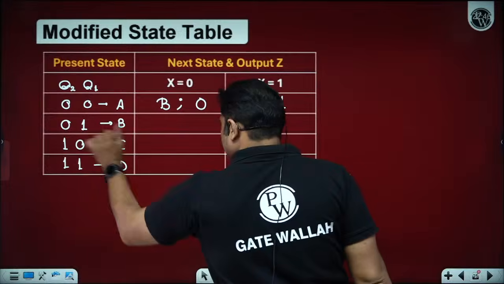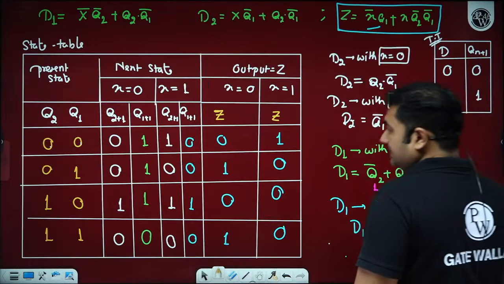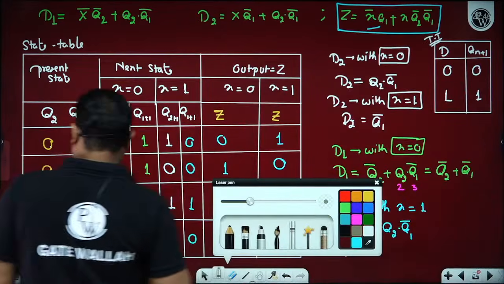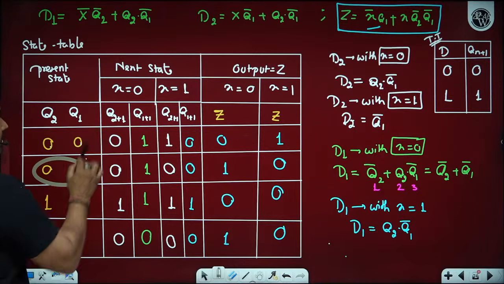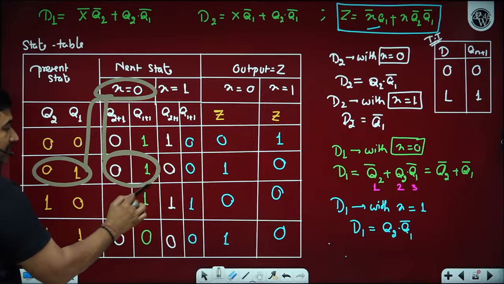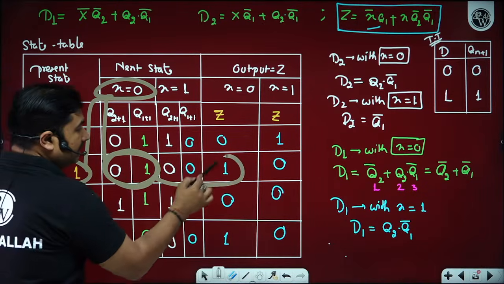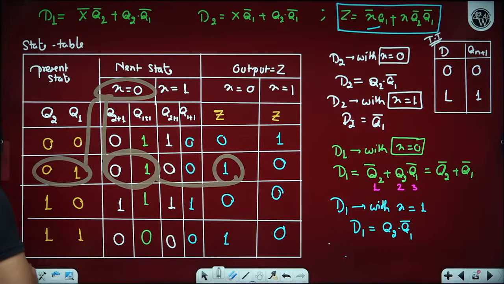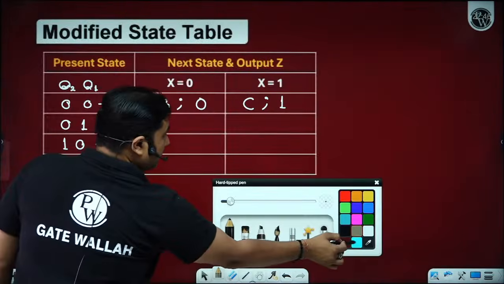Again observe present state 0, 1. So here we have a present state 0, 1 with x is equals to 0, next state 0, 1. It means if the present state is B with x is equals to 0, we are again getting state B and output 1.